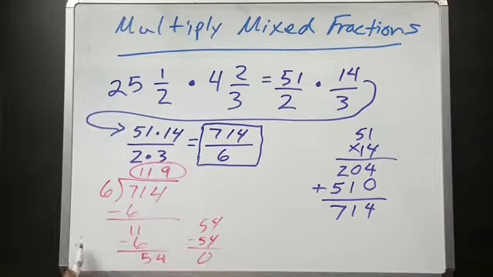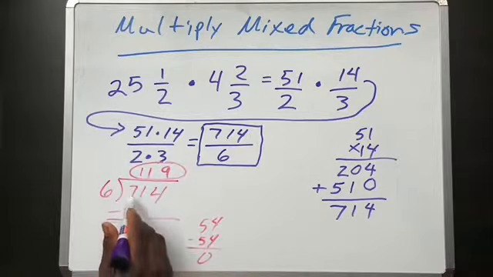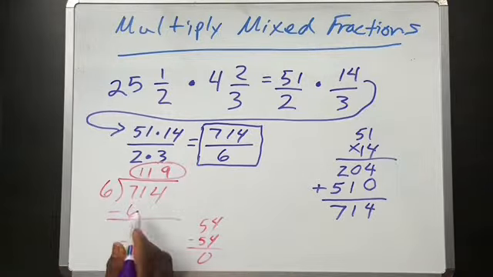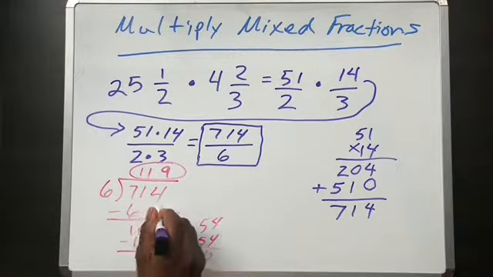Let's check that again one more time. 6 goes into 7 one time. 6 times 1 is 6. Draw the line, subtract. 7 minus 6 is 1. Bring down the 1. 6 goes into 11 one time. 6 times 1 is 6. Subtract. 11 minus 6 is 5. Bring down the 4.